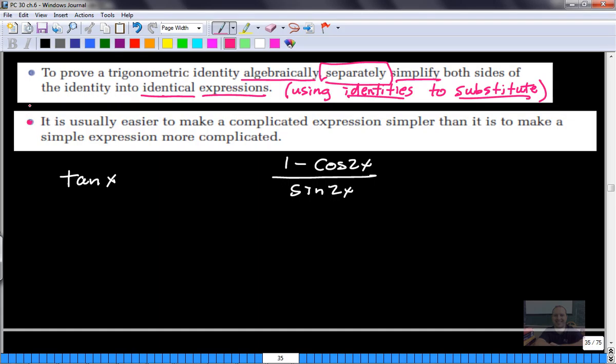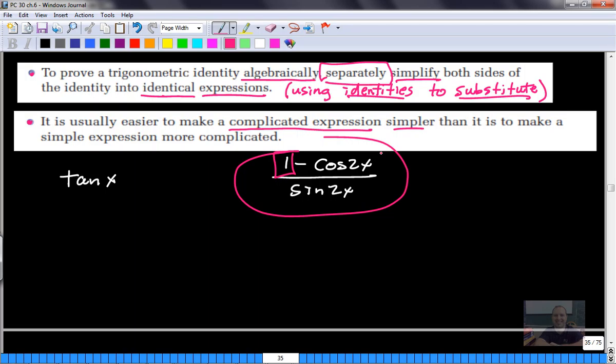The second point that's going to go along with this example here is it's usually easier to make the more complicated expression simpler than it is to make a simple expression more complicated. So you simply have more tools to work with here. Look at, you have one. One can actually be written in different ways, and you can use identities to rewrite this.